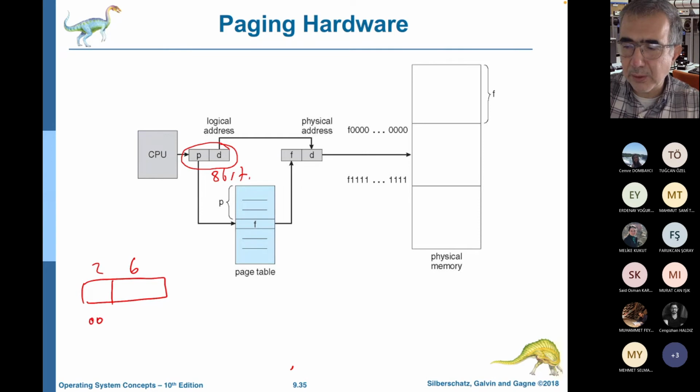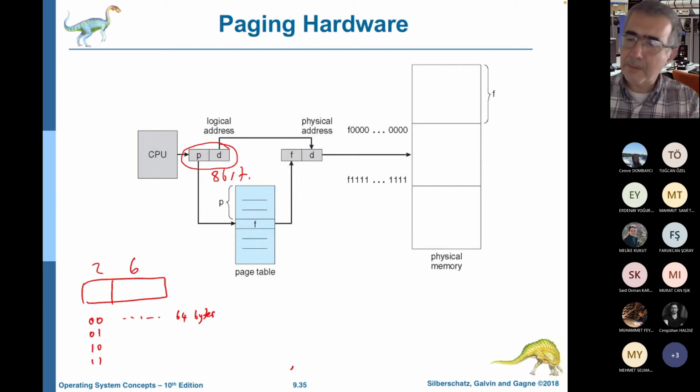It could be 00, 01, 10, 11. And the rest, how many? 2 to the 6, 64. So each of them has 64 bytes.